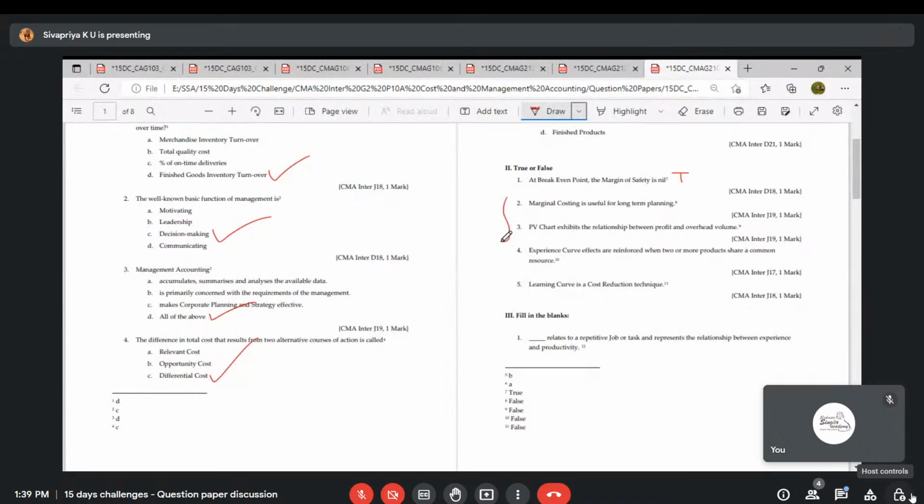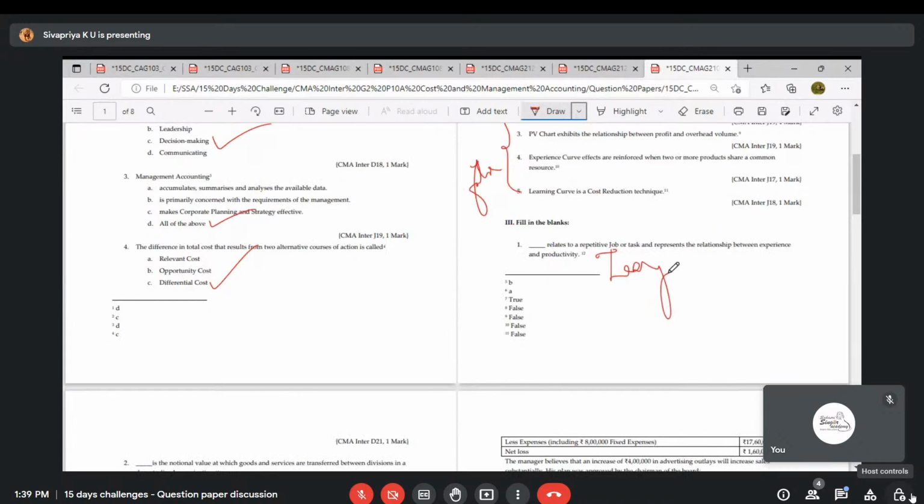Okay. This is the learning curve. And dash is a notional value. This is the transfer price.